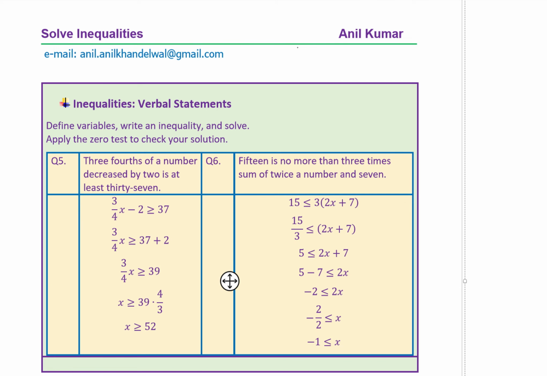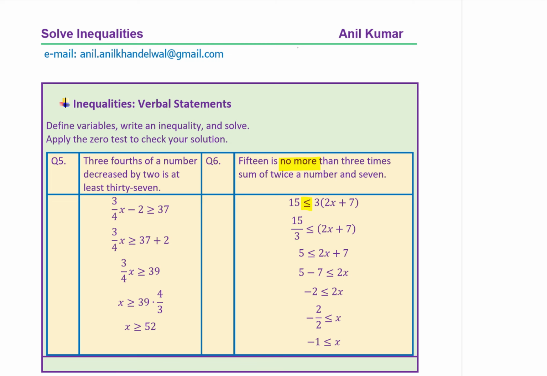As I was saying, question number 5 was 3/4 of a number decreased by 2 is at least 37. So 3/4 of a number decreased by 2, that is minus 2, is greater than or equal to 37. The second one was 15 is no more than, so we have written here, it's kind of critical, 15 is no more than means less than or equal to, right? 3 times the sum of twice a number and 7.